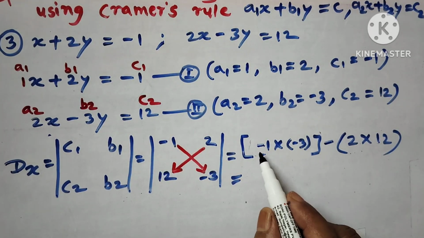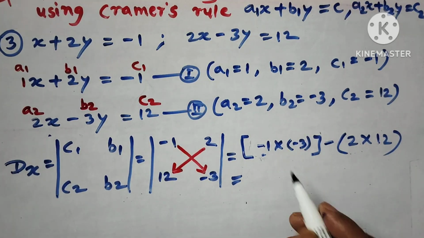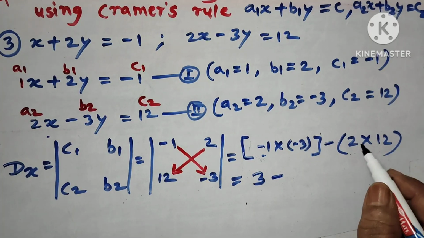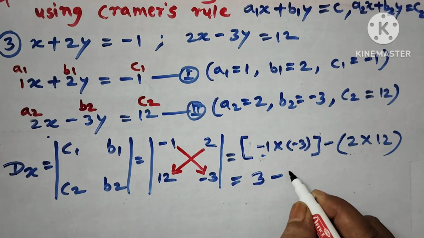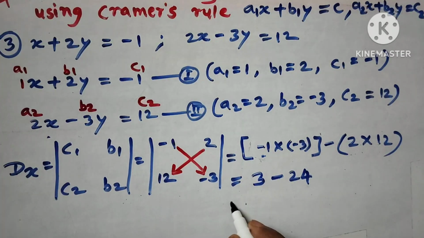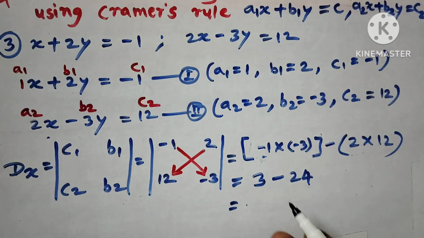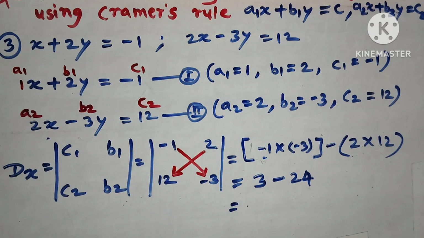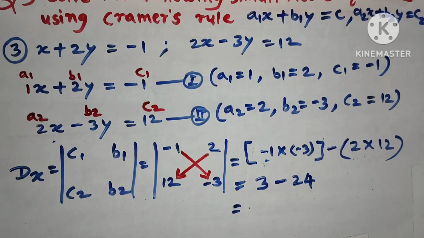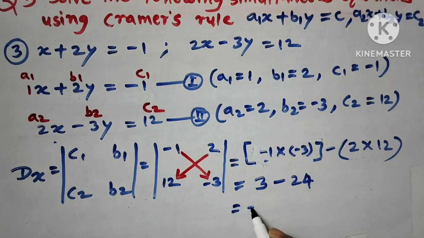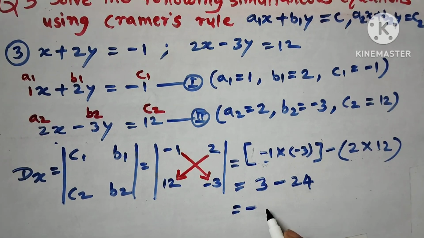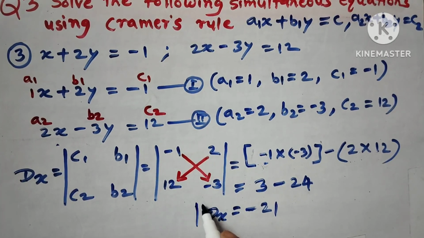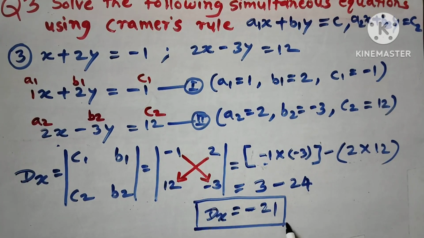In multiplication, minus minus is plus, so 3 ones are 3, minus 12 into 2 is 24. That is plus 3 minus 24. Opposite signs, so subtract. Minus, the bigger number's sign, gives -21. Value of Dx is equal to -21.